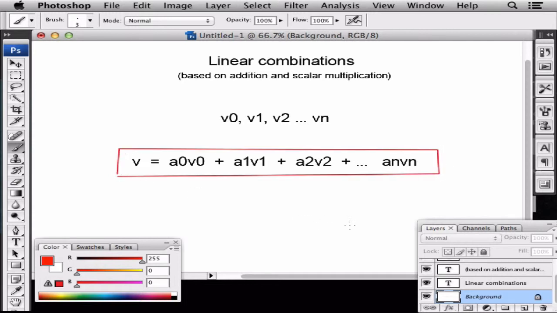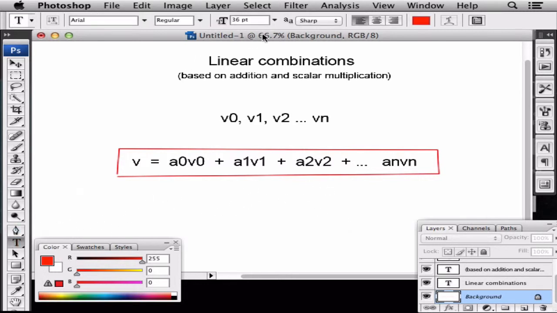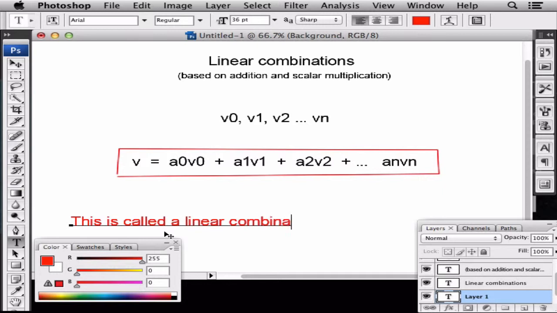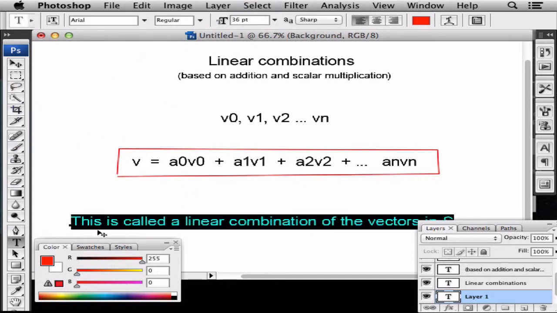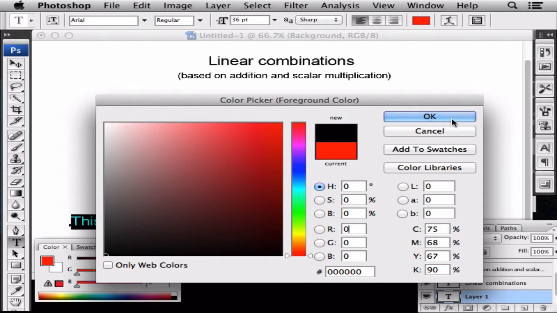Linear combination. Just to get the terminology completely correct, this is called a linear combination of the vectors in S. Let me put this S just to be clear about that as well.